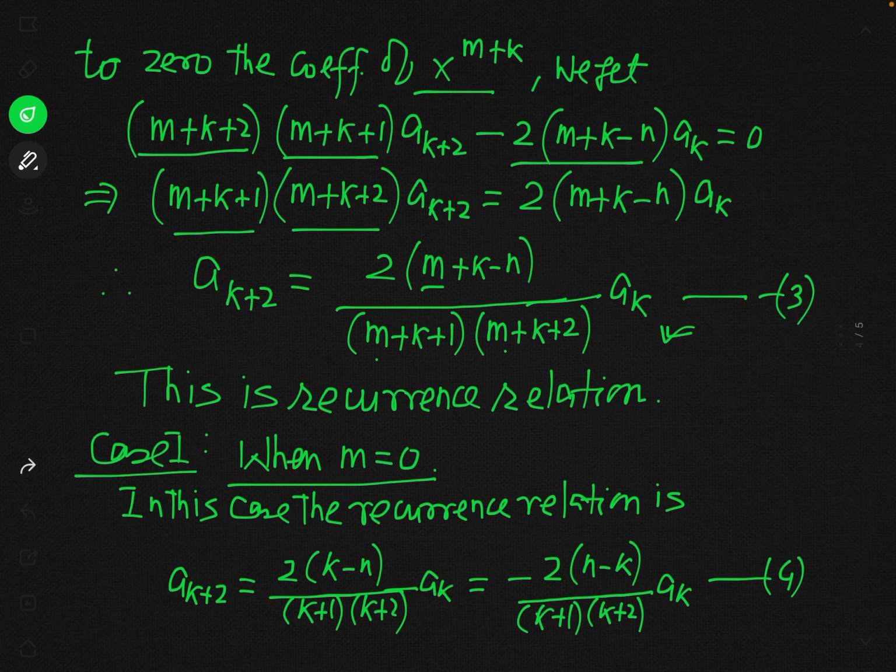If you take minus 1 as a common factor, then that will be minus 2 times n minus k over k plus 1 times k plus 2 into a k. So this is the recurrence relation when m is equal to 0. Now from this recurrence relation we can find the coefficients a2, a3, a4 and so on by substituting different values of k, that is k equal to 0, 1, 2, 3 and so on.